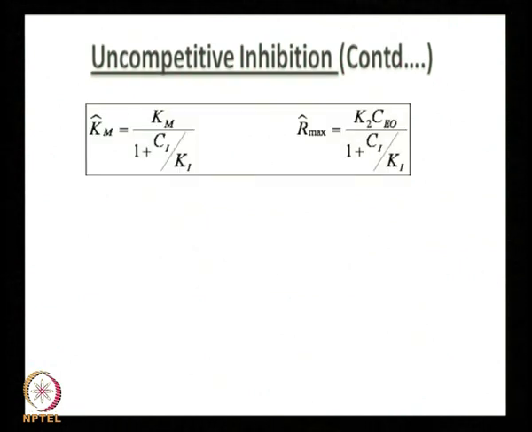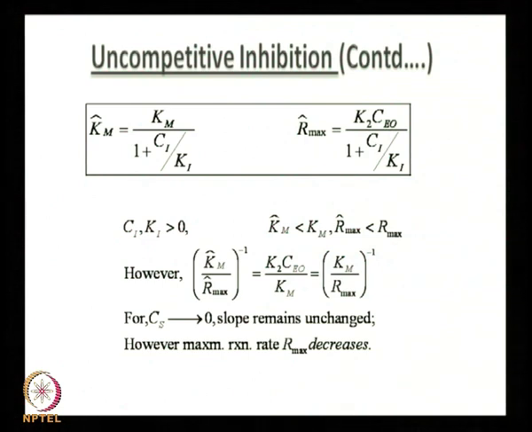So this is your Km hat and R max hat, and since your Ci and Ki are both greater than 0, your Km hat and R max hat are both lowered as compared to in the absence of inhibition, which makes sense, because if you add inhibition, it is not to increase but to decrease the maximum rate.